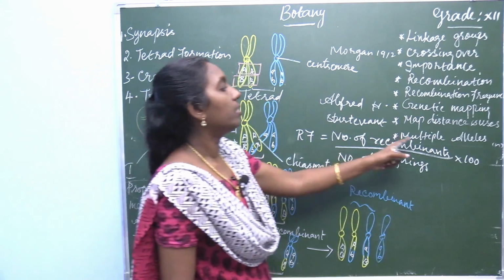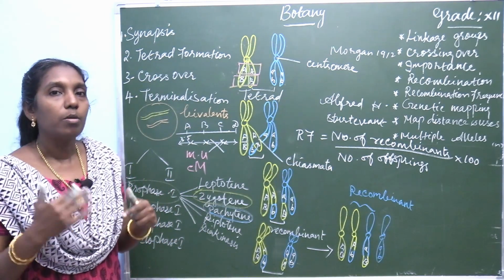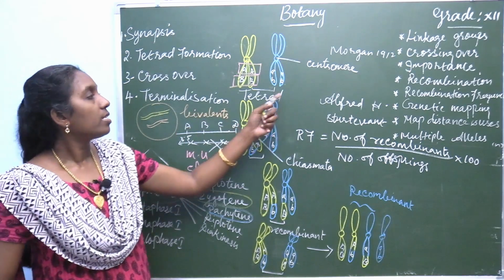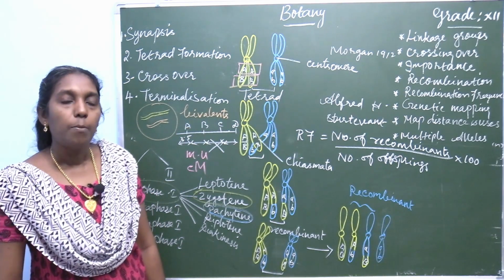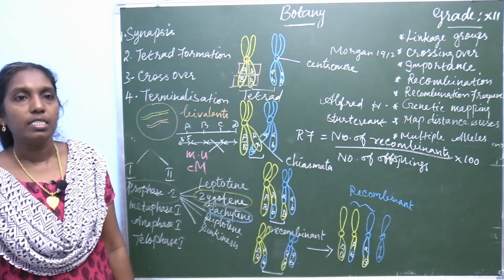Multiple means many, more than 3 present in the same locus. What are the characteristics of multiple alleles?